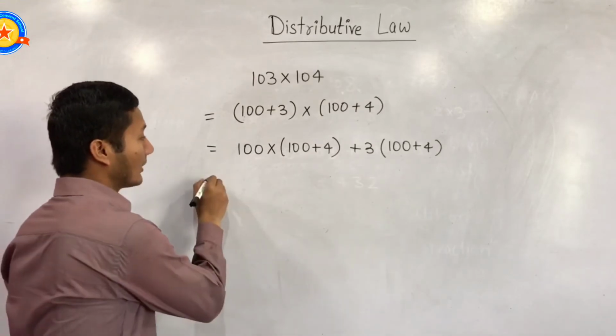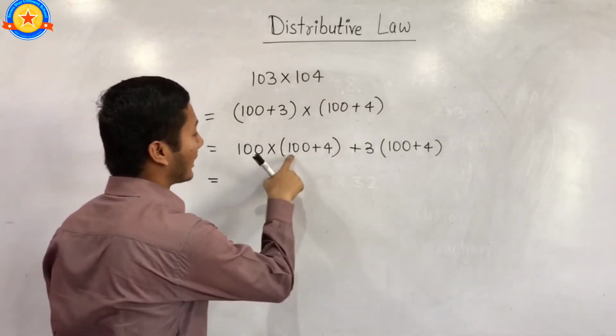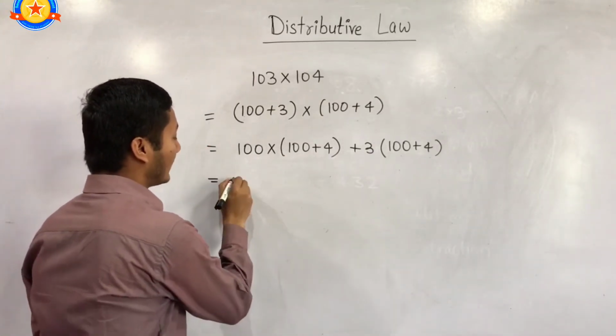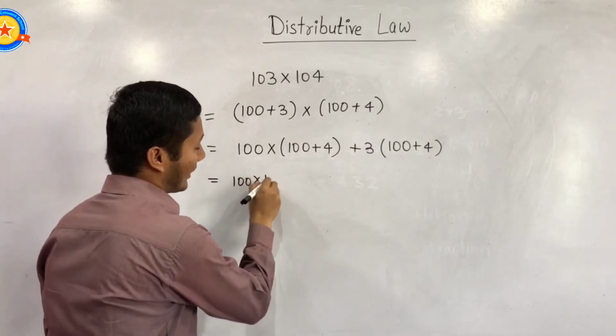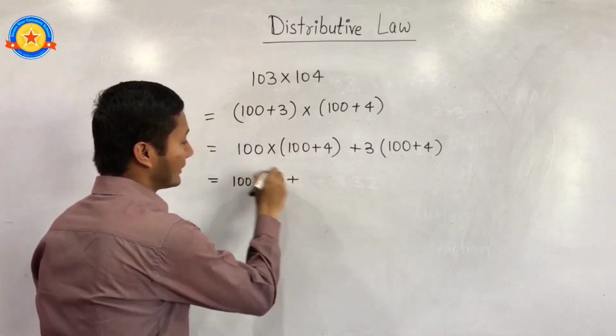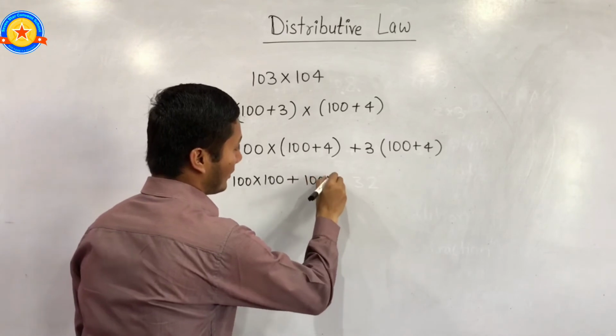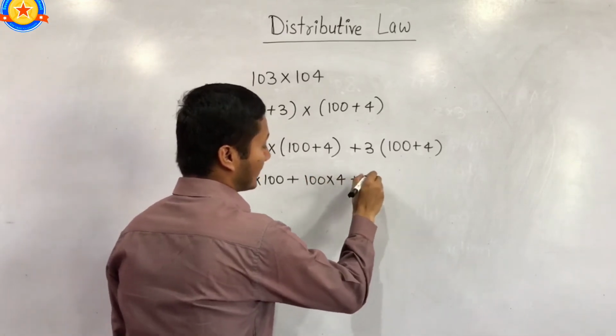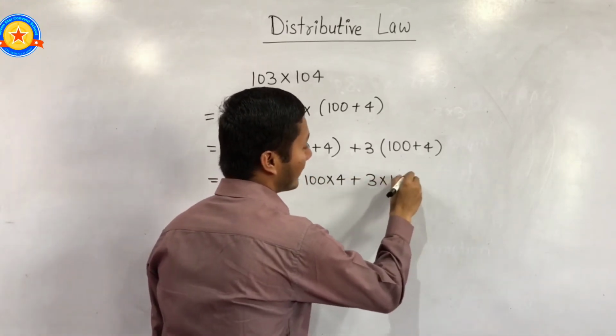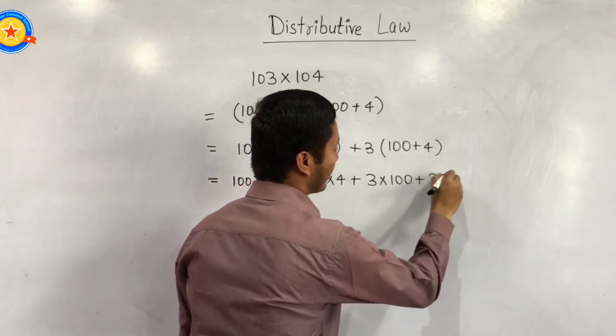Now if we solve this, it becomes 100 into 100 plus 100 into 4 plus 3 into 100 plus 3 into 4.